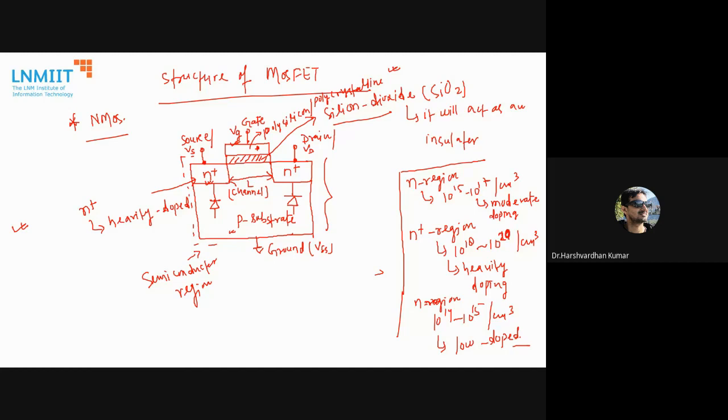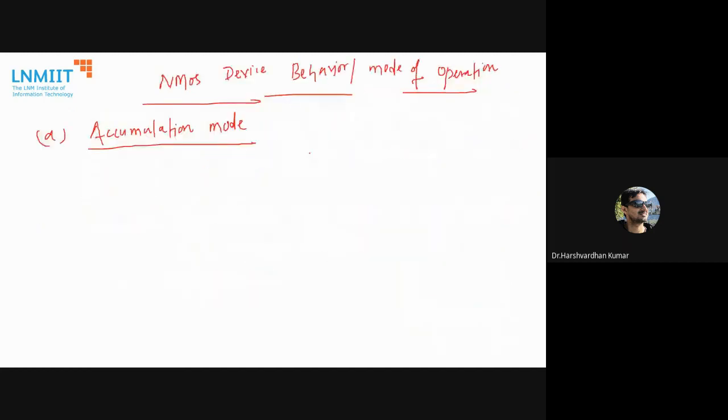We explained the threshold voltage: if the gate voltage is less than the threshold voltage Vt, the device will not turn on.